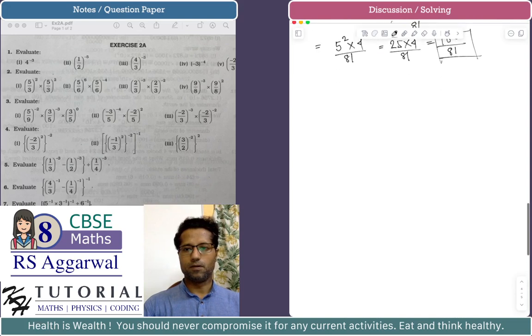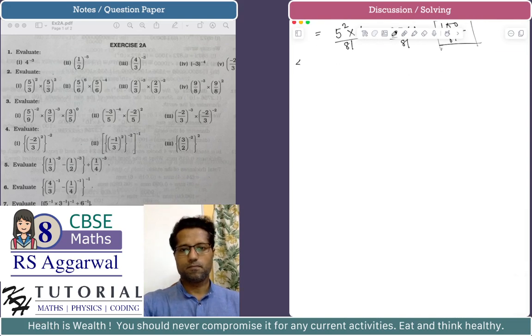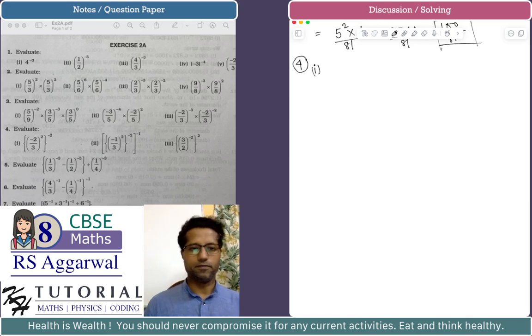Let's do problem number 4. Evaluate. Now things are becoming a little interesting. So far it was quite straightforward questions.